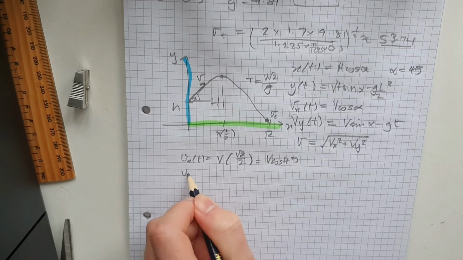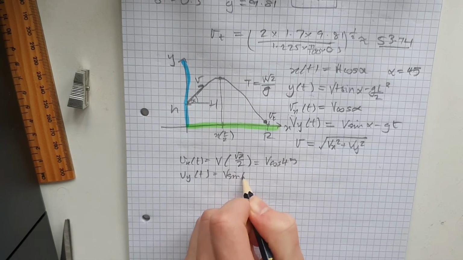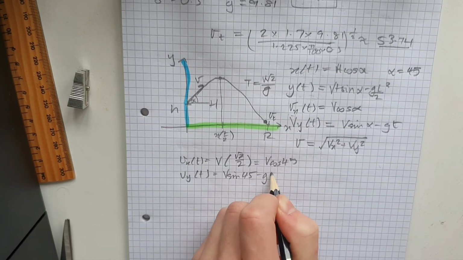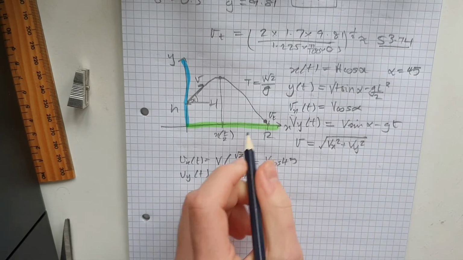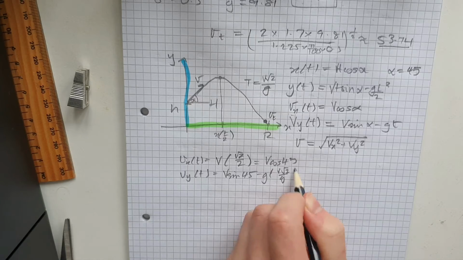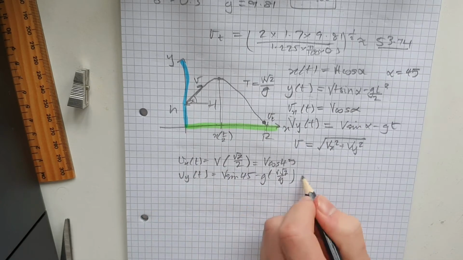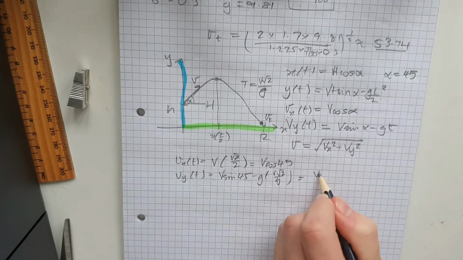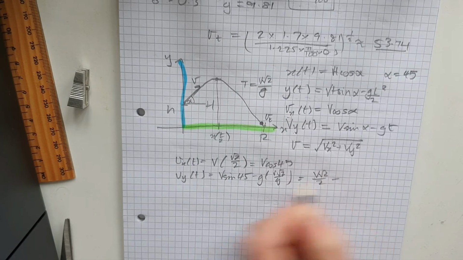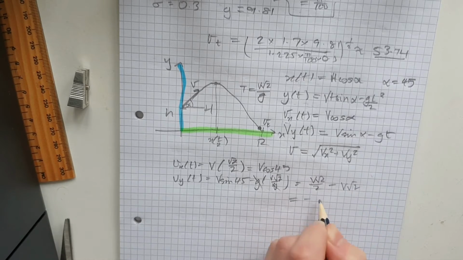And Vy of t is equal to V sine 45 minus gt. But t is our V root 2 on g. The wonderful thing about cos 45 and sine 45 is they're the same. So that is just V root 2 on 2 minus V root 2, which is minus V root 2 on 2.